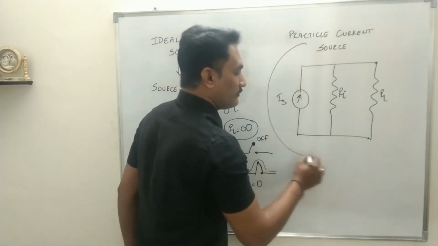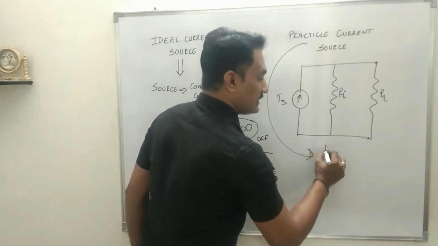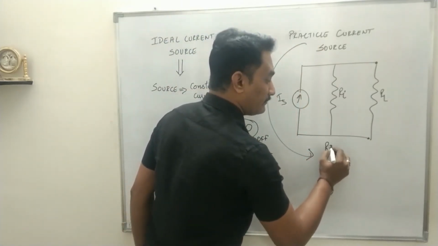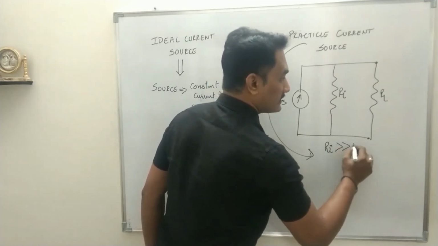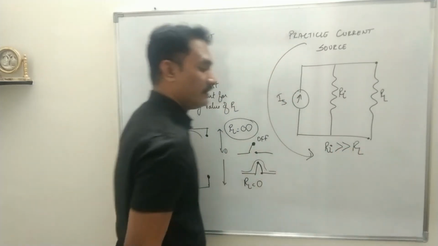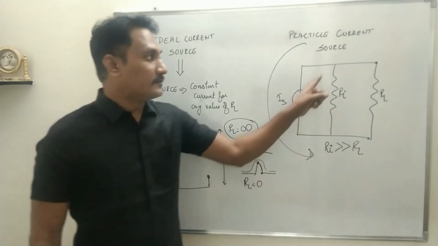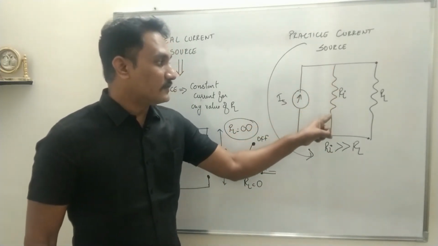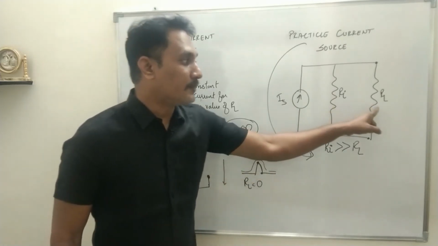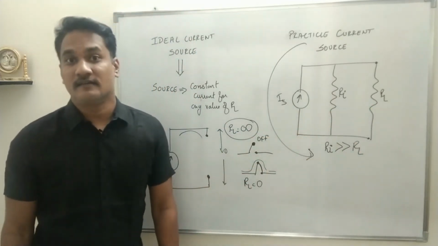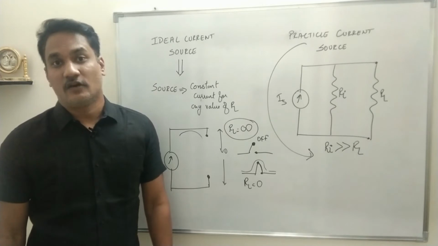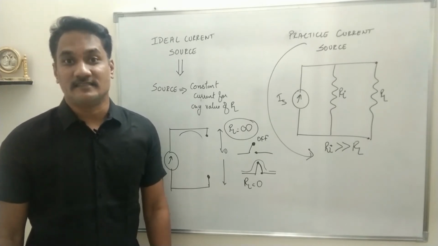So when we say practical current source, we say when RI is much greater than RL. See, when I say RI is much greater than RL, what does that mean? That means in this path the resistance is very high as compared to this path, and current in an electronic circuit always takes the least resistance path.